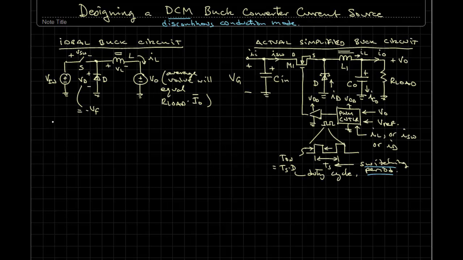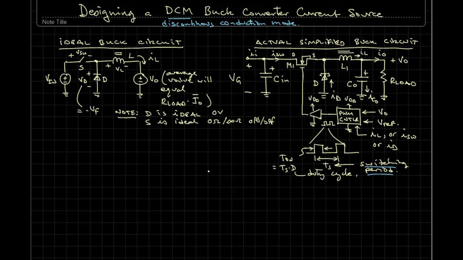So there are several circuit modes. Oh, I should first define a couple notes here. Note D is ideal. S is also ideal, meaning 0 ohms on, infinite ohms off, right? D is ideal in that it is 0 volts.